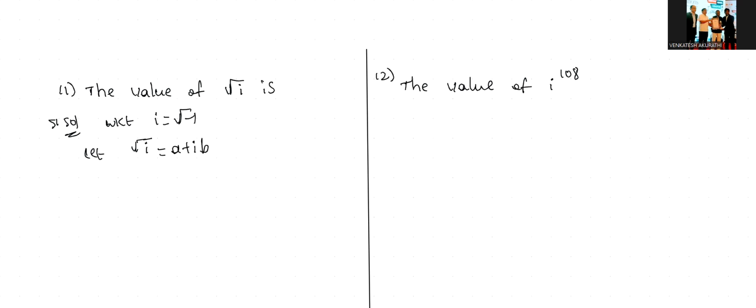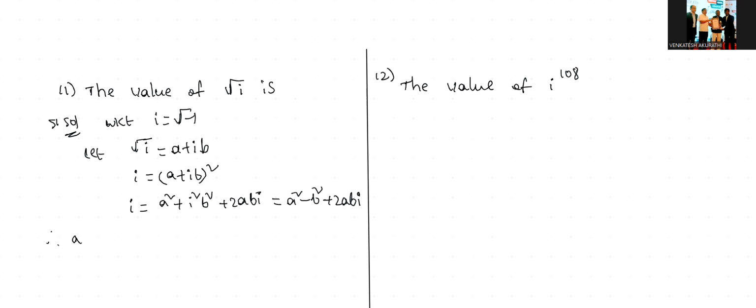Squaring on both sides, i is equal to a plus ib whole square, that is a square plus i square b square plus 2abi, that is a square minus b square plus 2ab into i. Here a square minus b square is equal to 0 and 2ab is equal to 1.